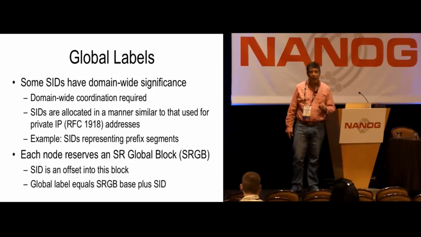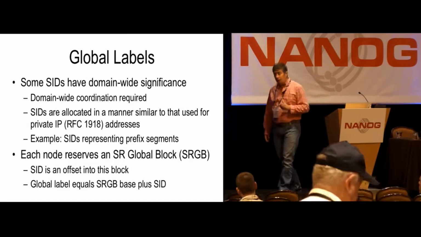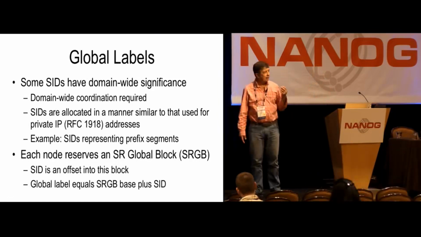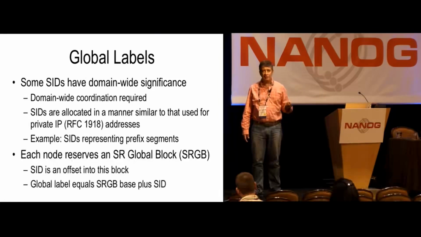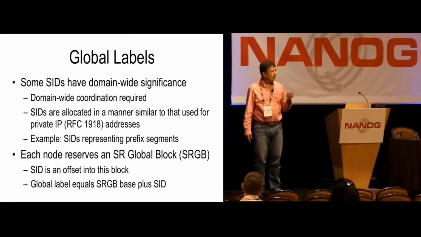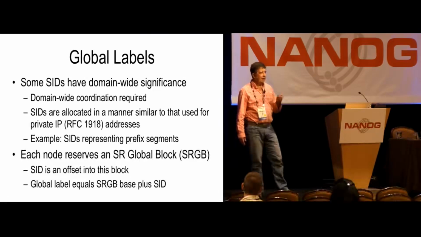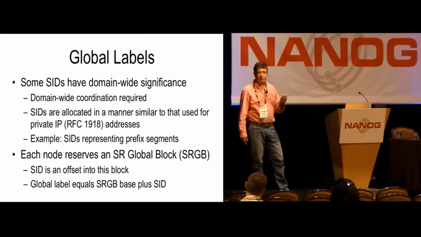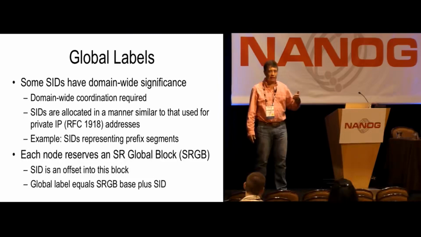Each node, now here's the problem. We need to map segment identifiers to labels. Each node is going to reserve a block of labels, and this block of labels is to be mapped to global segment identifiers. Now, every router can potentially reserve a different range.